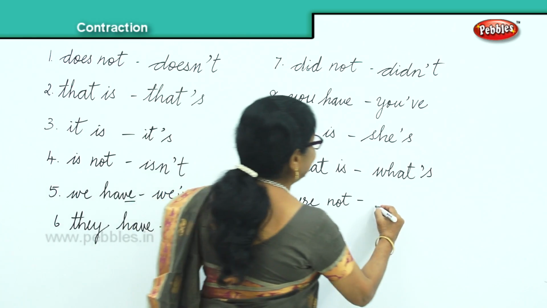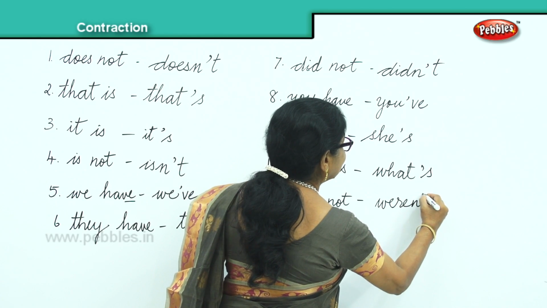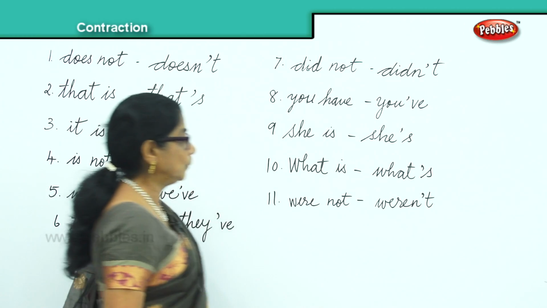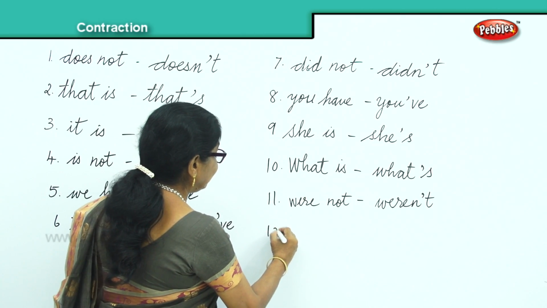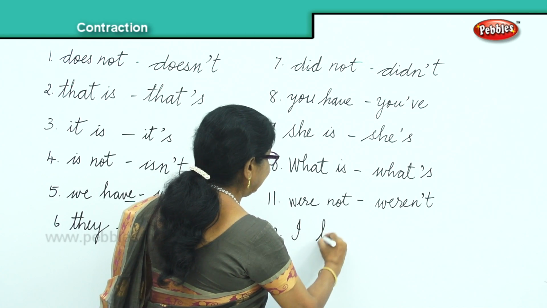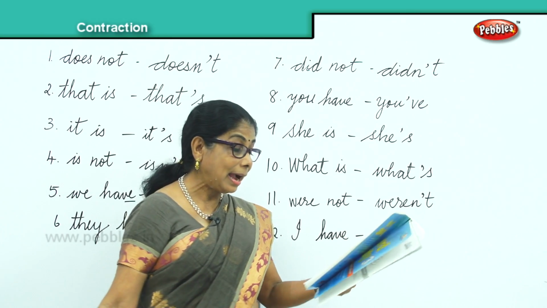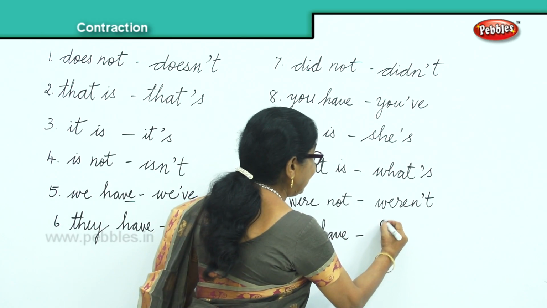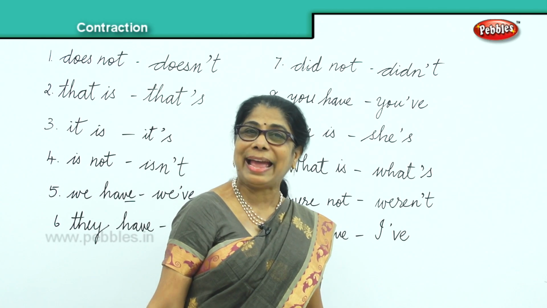So were and not, weren't. Then finally we have I have. You will say I've.